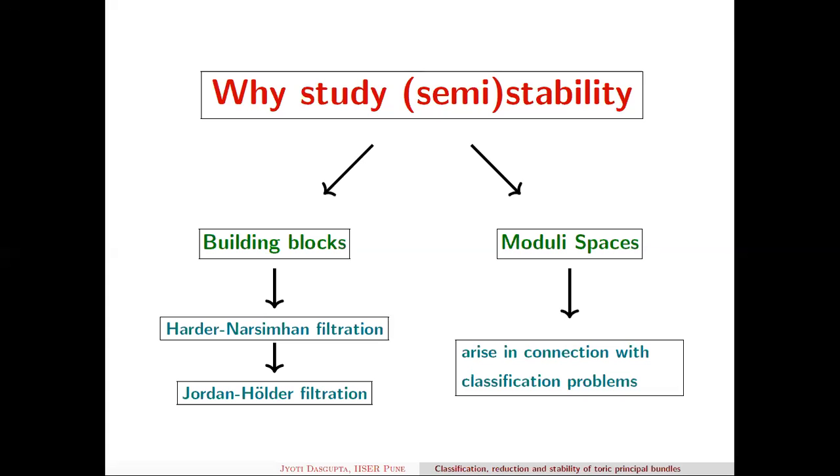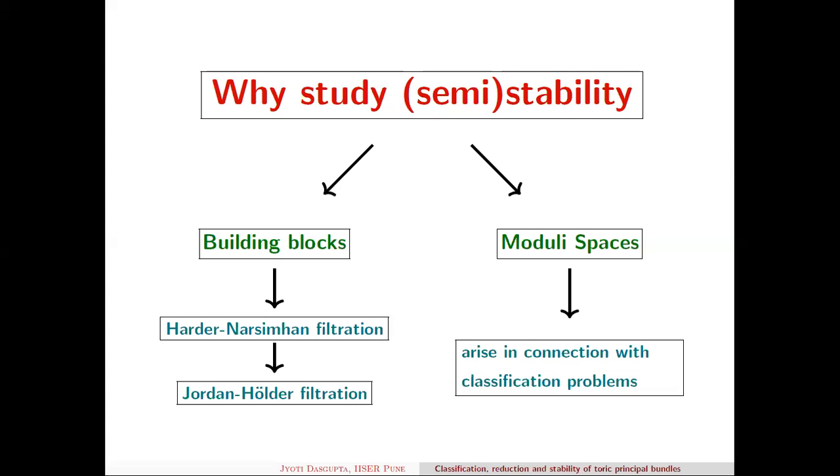Like we can consider smooth projective curves of a fixed genus, or hypersurfaces of fixed degree in some projective space, or stable vector bundles of fixed rank and degree. And in this context also, it is beneficial to have some semi-stability or stability assumption.